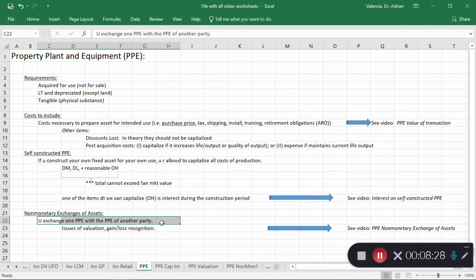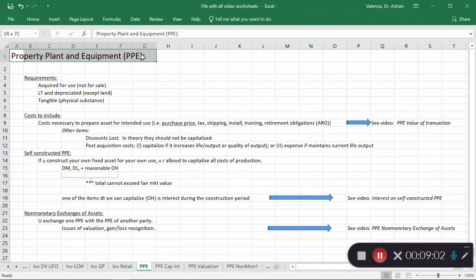For those types of transactions, we have specific rules under GAAP which dictate how we should value that transaction, how we should recognize gains or losses. And again, those are somewhat detailed. So if you want to understand a little bit more about this concept, then watch the video, Property, Plant, Equipment, Non-Monetary Exchange of Assets.